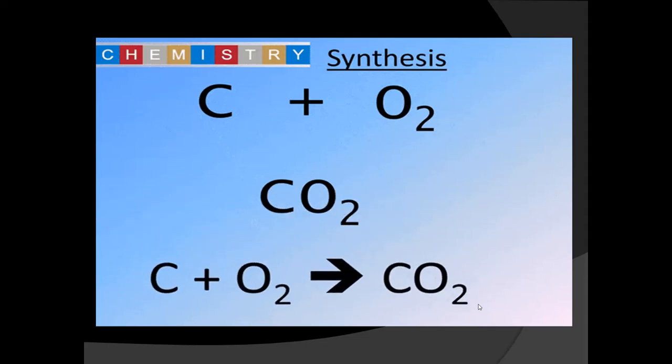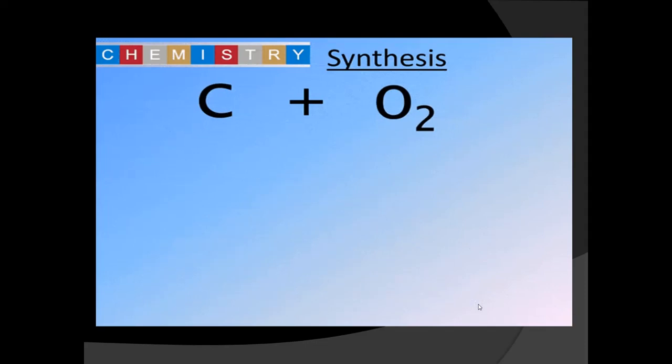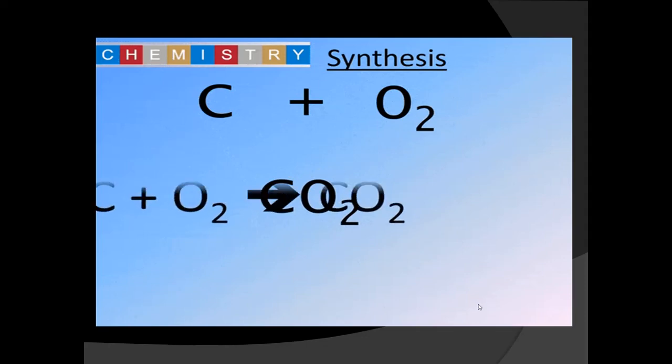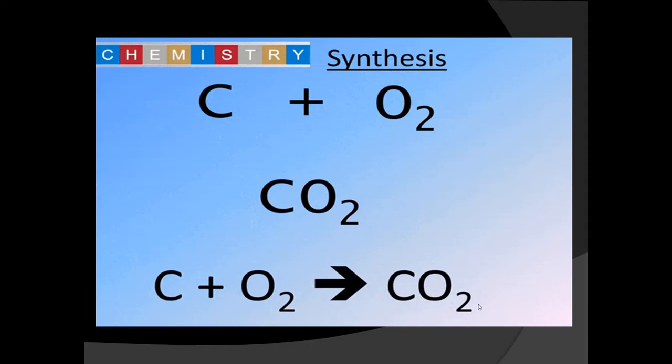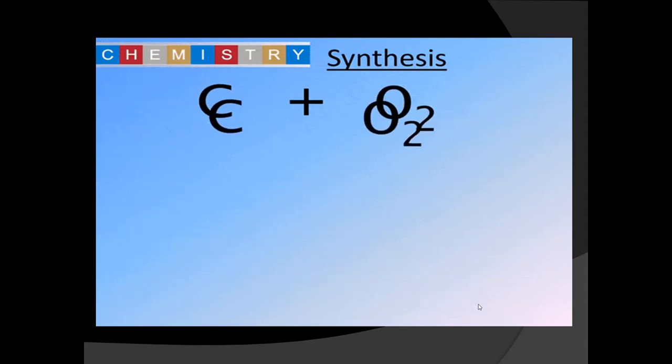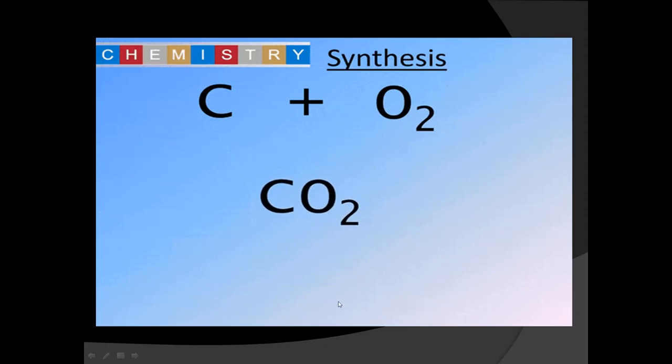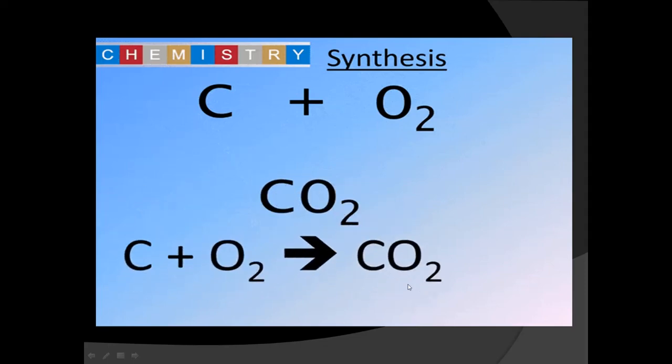Here carbon is combining with oxygen and giving rise to CO2, carbon dioxide. So here two reactants are combining to give rise to a single product, that is carbon dioxide. So this is an example for combination reaction.